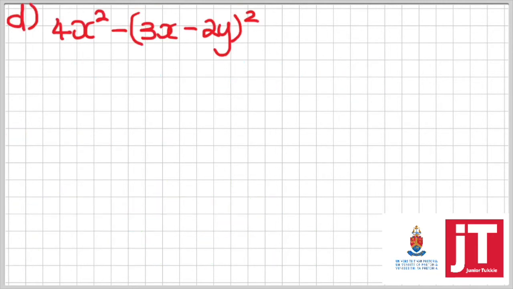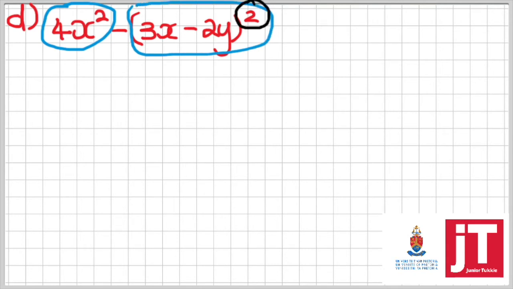You are given 4x squared minus, in brackets, 3x minus 2y raised to the power 2. It is a difference of two squares. How? 4x squared is a perfect square. This whole expression raised to the power 2, more importantly, it's raised to an even power.